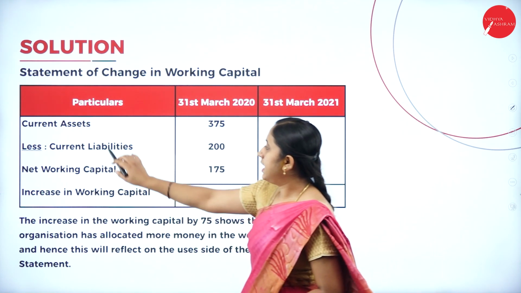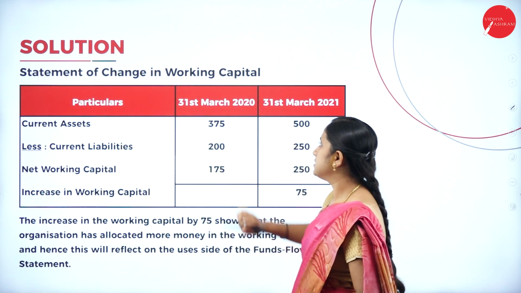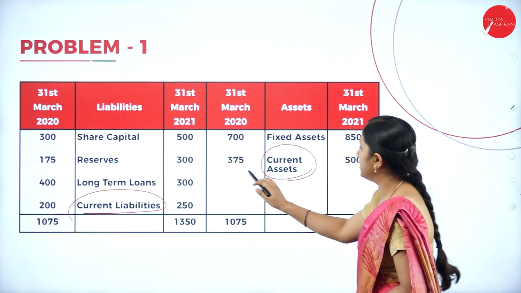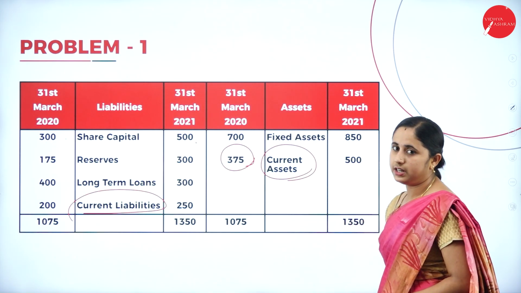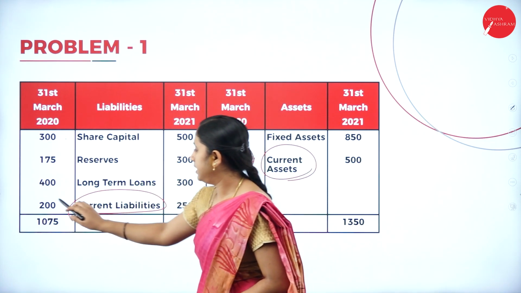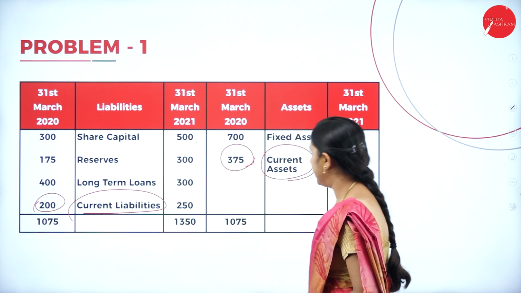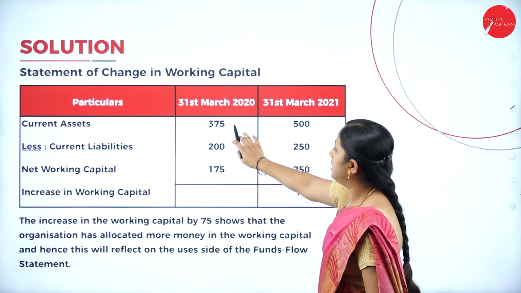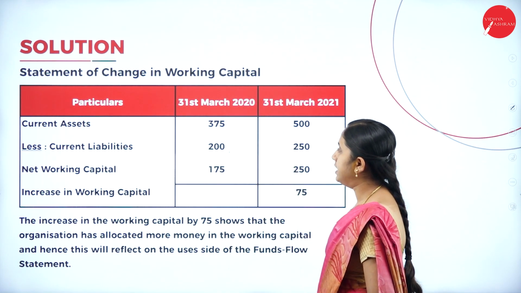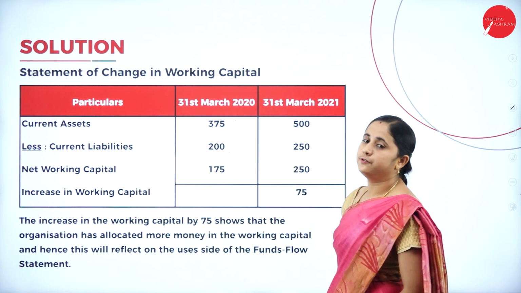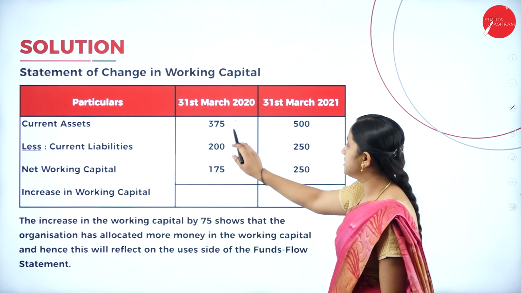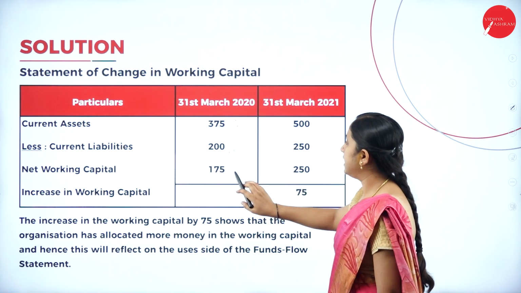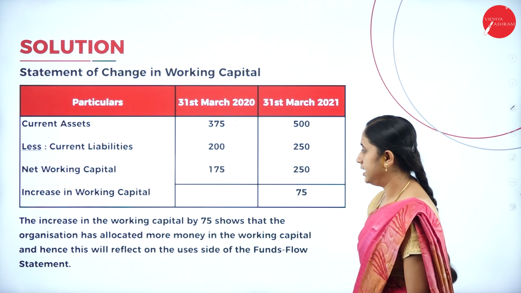Previous year current assets is 375 and current liability is 200.